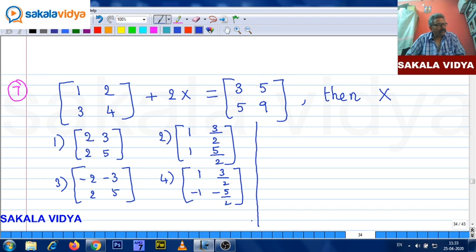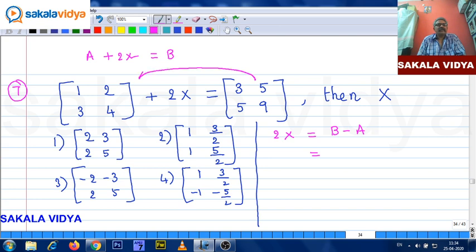This is a very simple problem that you can do. This is called a matrix equation. For example, say this is A, this plus 2x equals B. Now we can write 2x is equal to B minus A. First, from this matrix subtract this matrix.